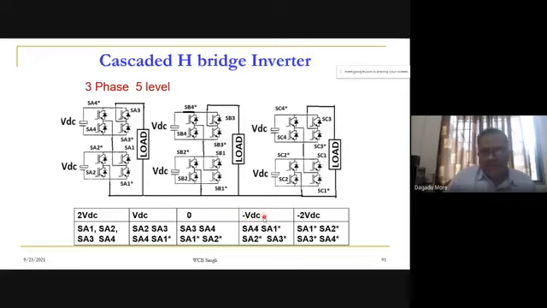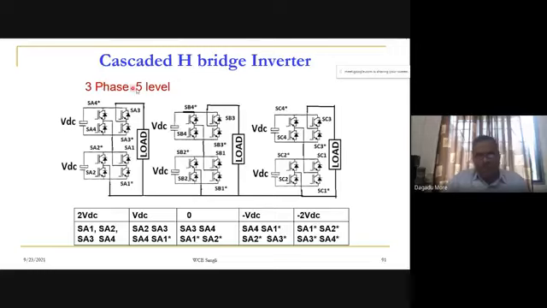And negative VDC we can obtain when only one DC source appears across the load, the other is not taking part, and one voltage source appears across the load with reverse polarity. The load neutral point will come to the positive of the DC source. Then we get minus VDC. Whereas twice minus VDC, the two are in series additive, but they appear negative across the load.